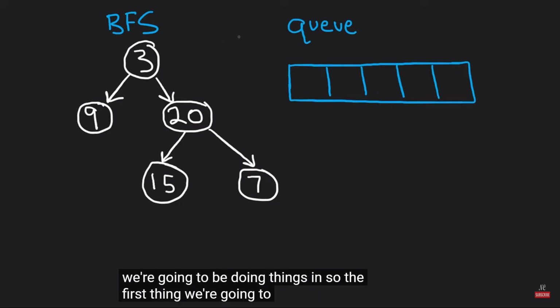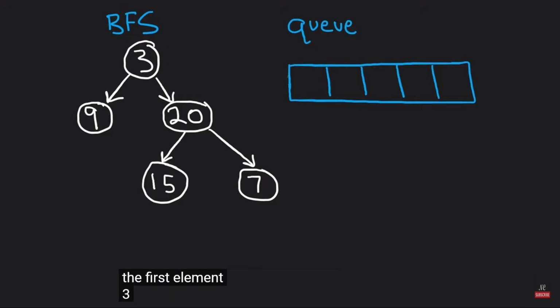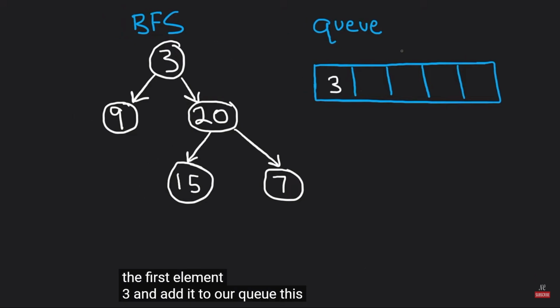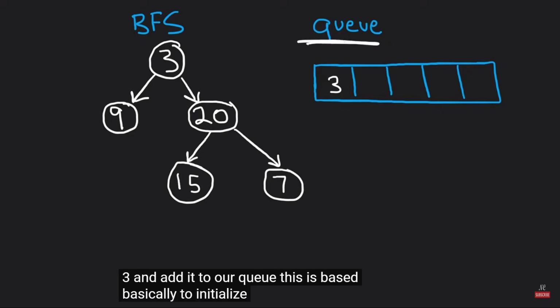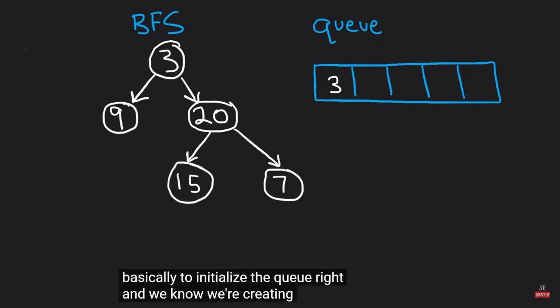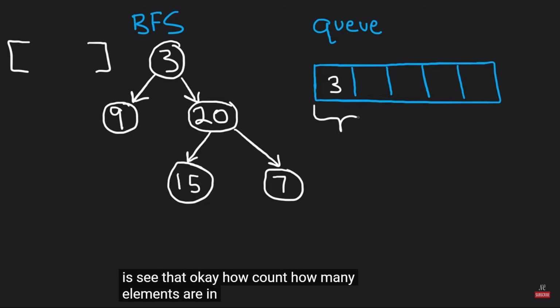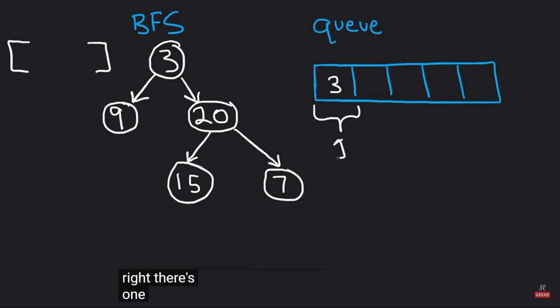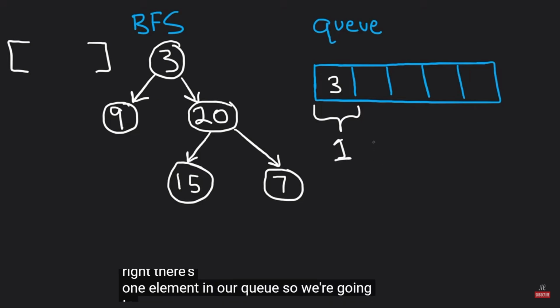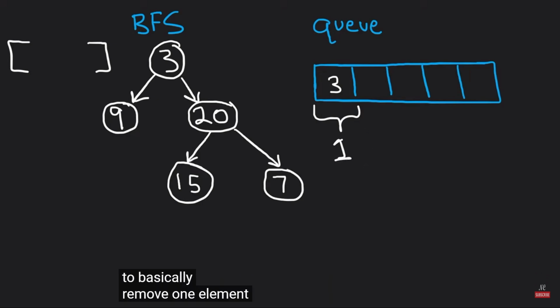So the first thing we're going to do is take the first element, 3, and add it to our queue. This is basically to initialize the queue, right? And we know we're creating sublists, right? So what we're going to do now is count how many elements are in our queue initially. There's one element in our queue, so we're going to basically remove one element from our queue.